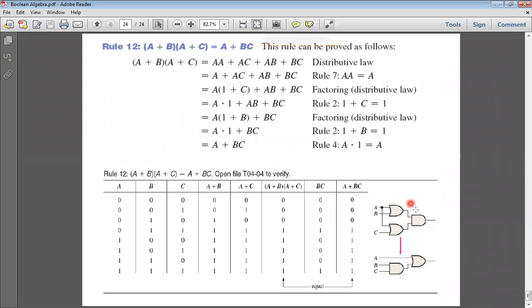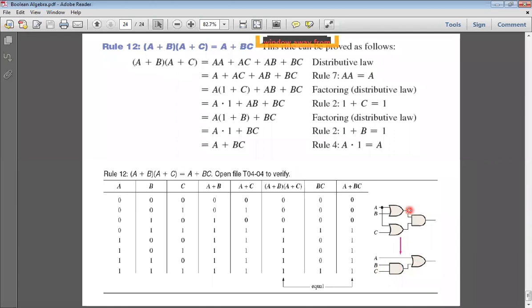Now see the circuit. If you use left hand side, you will get 3 gates. 2 are OR gates, 1 is AND gate. You will get some answer. The same answer can be obtained by using just 2 gates. One is AND, other one is OR. Both are same. We use this one. It is simpler because it contains only 2 gates.